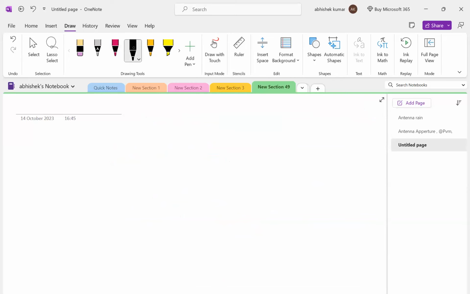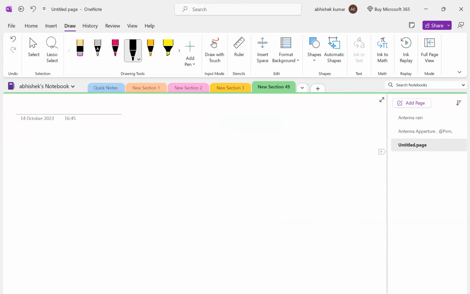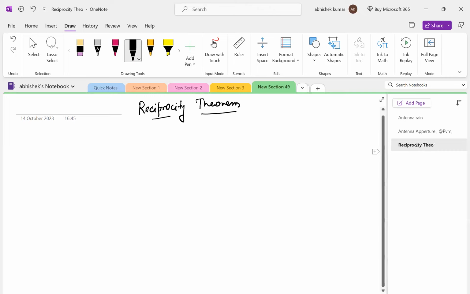Are you able to understand? Do you understand till this or not? Now we have another thing, the reciprocity theorem. What do you mean by reciprocity theorem?